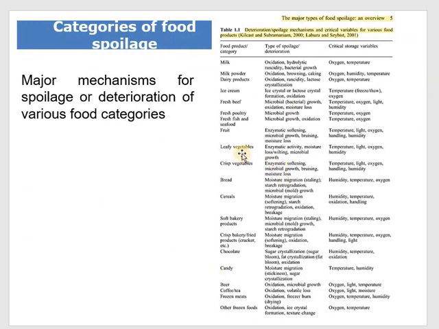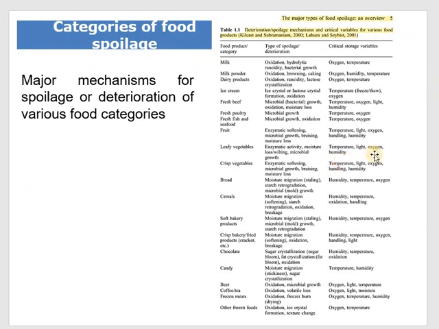We jump from there and take an example of leafy vegetables. Leafy vegetables: enzymatic activity, moisture loss, wilting, microbial growth. So what's so important in terms of critical storage variables for leafy vegetables?